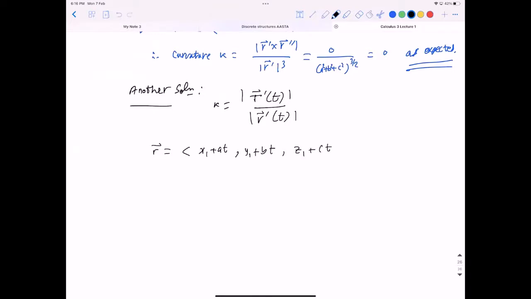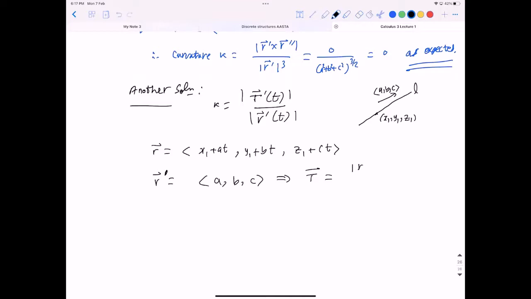What are these variables? These are the point x1, y1, z1, and the vector a, b, c. This is the line. So what is R dash? It is a, b, c, as computed before. It is the directional vector. So what is T? R dash over the magnitude of R dash.